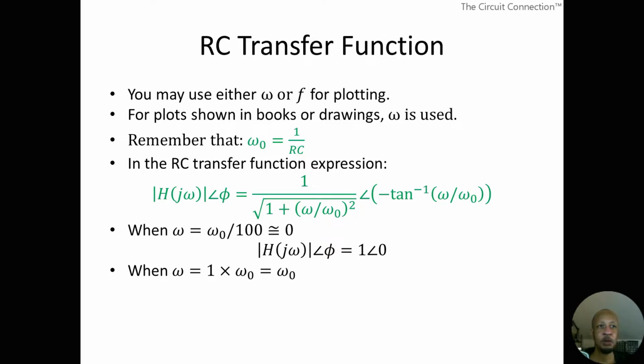When W equals 1 times W0, you get W0. That's simple. And you end up with 1 over the square root of 2 at an angle of negative 45 degrees. So I have my degree sign there.